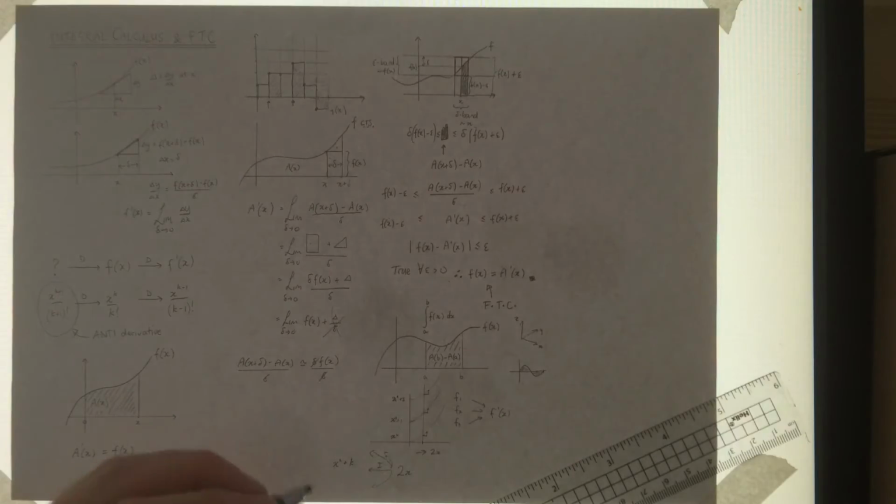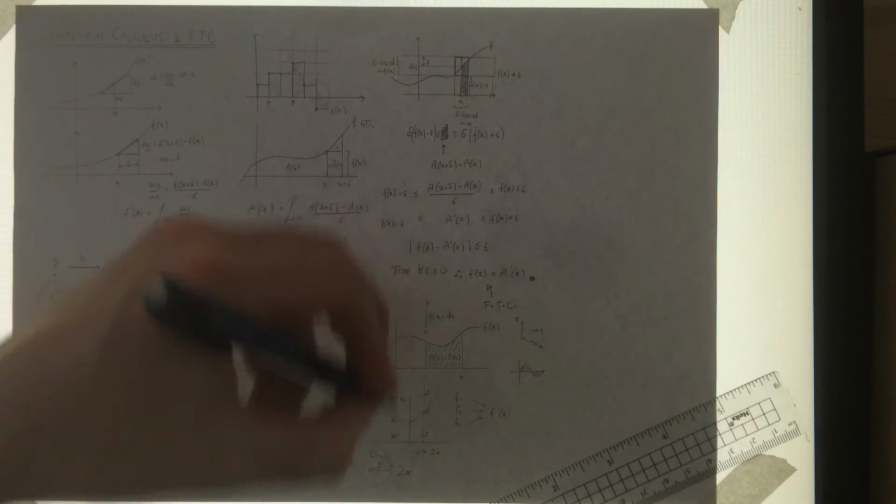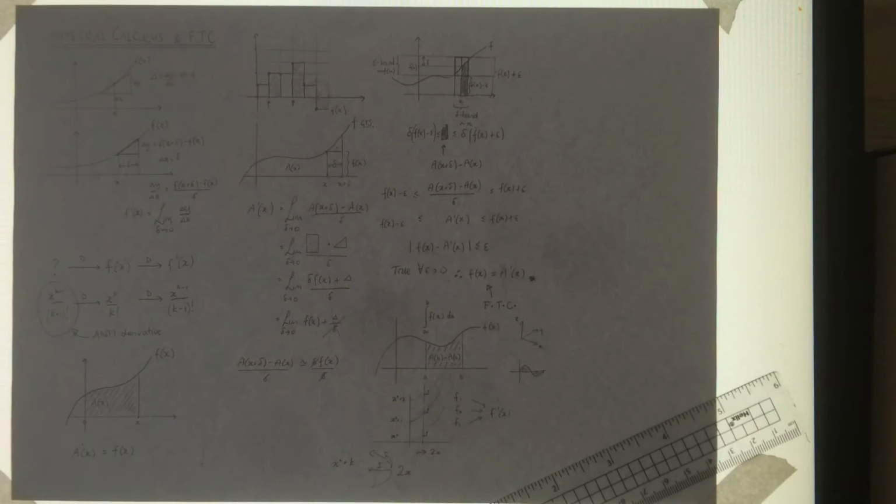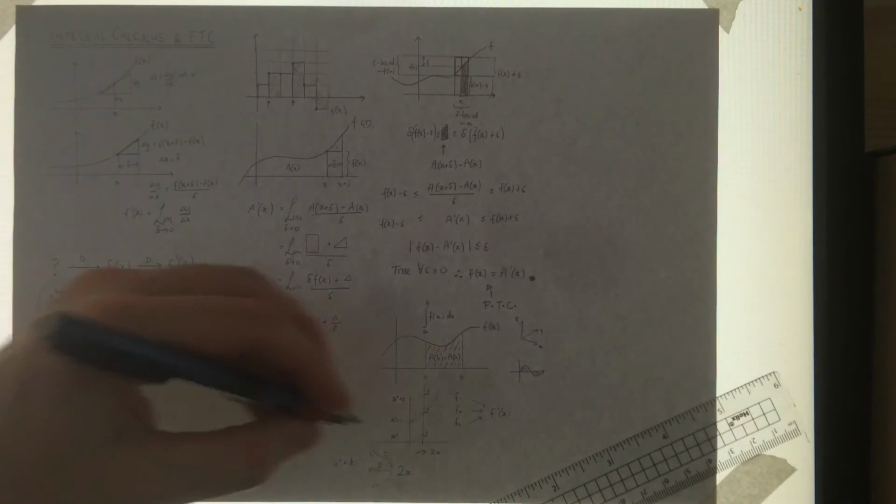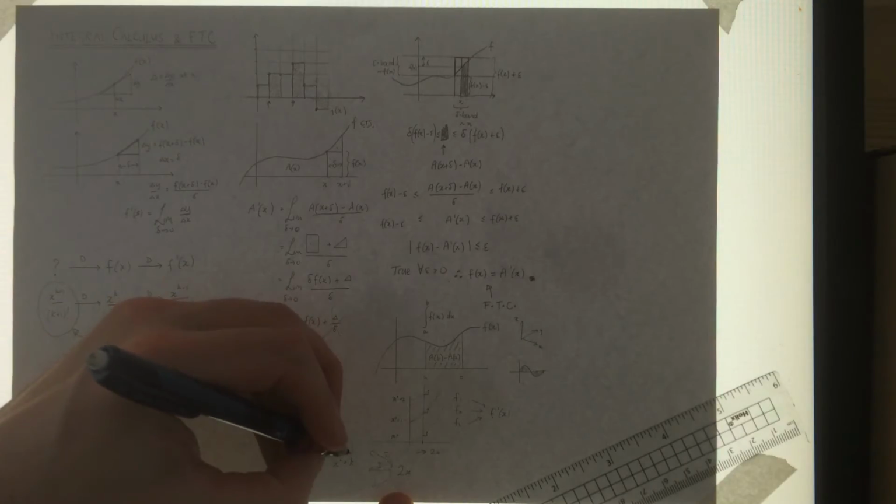So every time you integrate something, you're actually creating a family of curves, all of which have the same slope at a given point. They're just shifted up and down. And this is known as the arbitrary constant of integration.